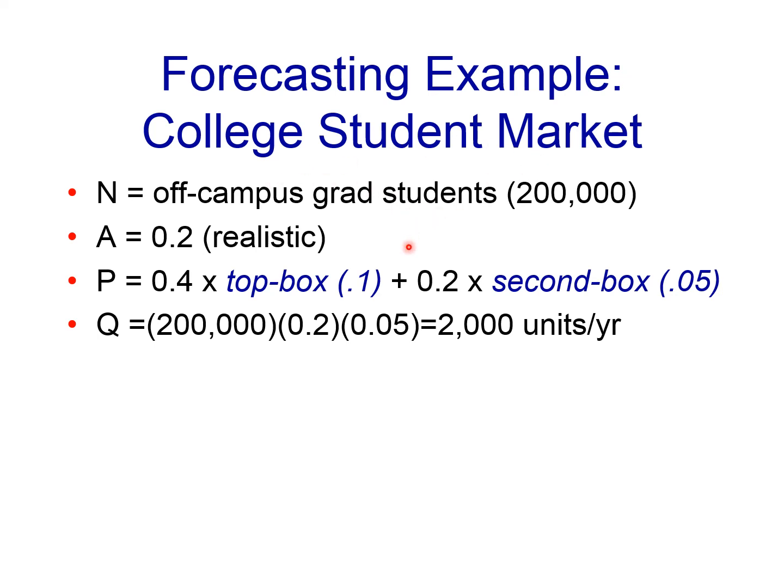N equals off-campus graduate students, estimated to be 200,000. A is 0.2 and P uses 0.4 and 0.2 for the top box and the second box, and thus Q will be equal to N times A times P, or 2,000 units per year.